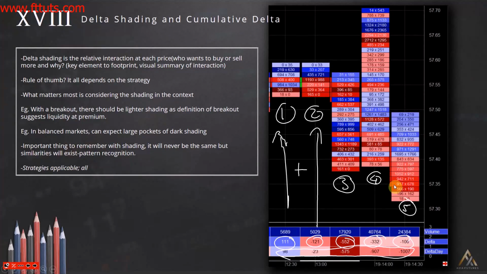Now, what I will say is that if a market is trending and showing very clear dynamics in terms of price in one direction, as a rule of thumb you want to see the cumulative delta rising in the direction of the trend. Equally, if it's a downtrend, you want to see the cumulative delta getting steadily negative over time. In that instance, we can assume that the delta is reflecting the positioning.